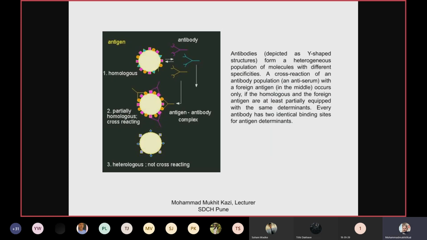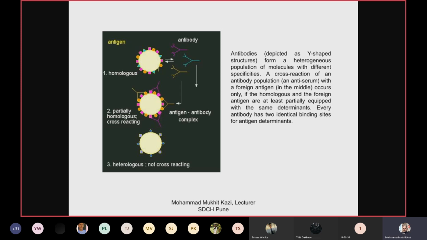How do these antigen and antibody react? You can see here, there are three different reactions shown in this diagram. First is the homologous. If you look, there are three types of antibodies. One is purple, one is blue, and one is yellow. And on the antigen structure, that round virus, if we consider it a virus, you can see there are different epitopes with different colors.